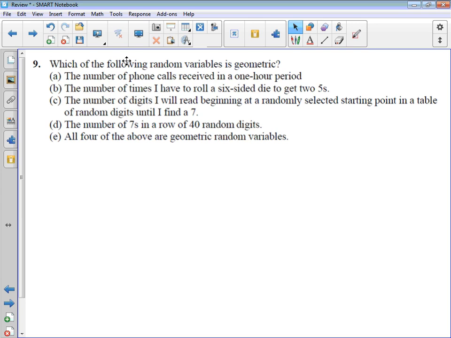So read this problem. Which of the following random variables is geometric? So remember, geometric was binary, independent. We keep going till we get a success. And the chance of success is the same each time. And it's success till the first time.